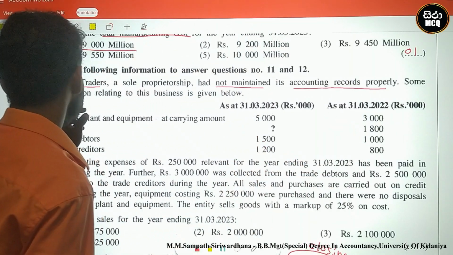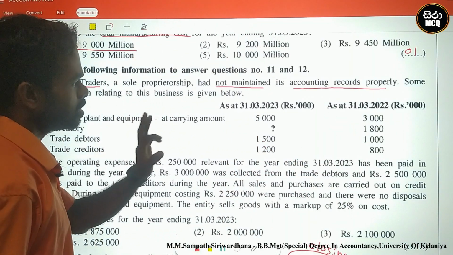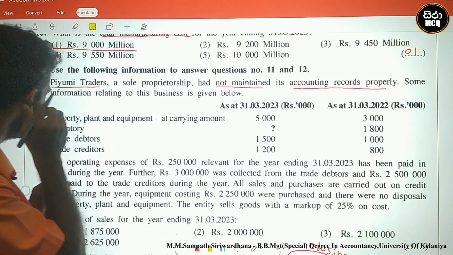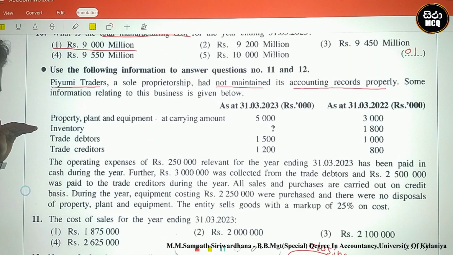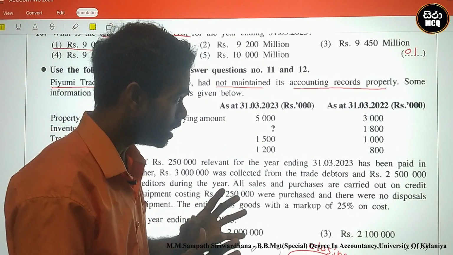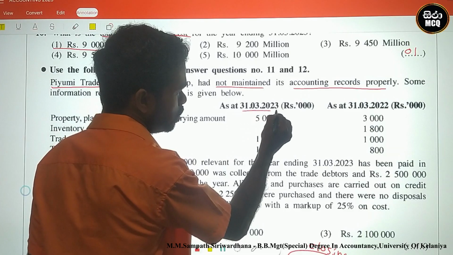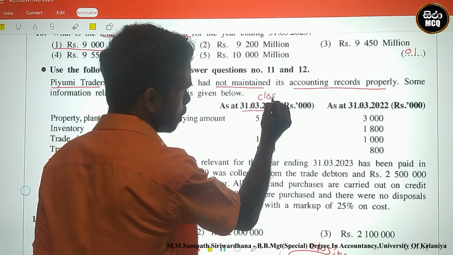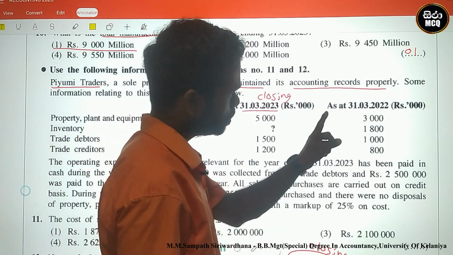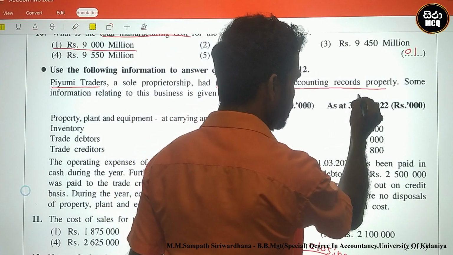Some information related to this business is given below: property, plant and equipment, inventory, trade debtors, trade creditors. 31st March 2023 is the closing date, and 31st March 2022 is the opening date.